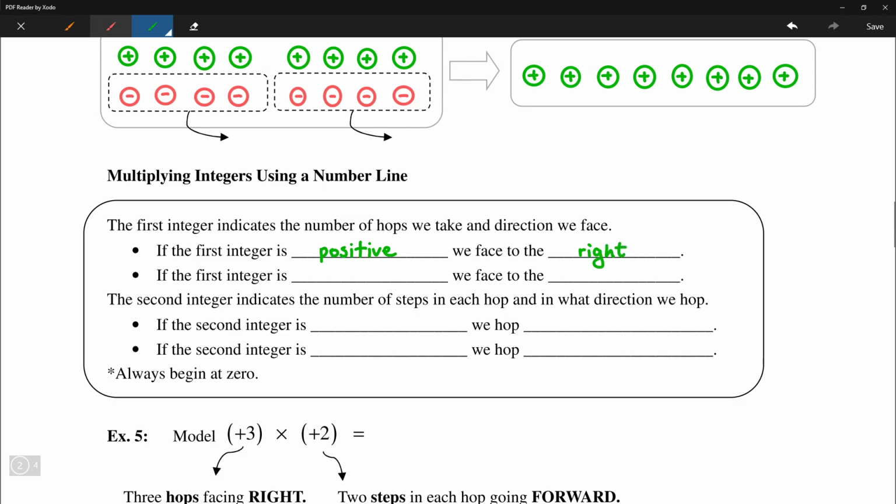And if the first integer is negative, we face to the left. So this is of course true for the general number line. The second integer in our multiplication indicates the number of steps in each hop and the direction in which we hop. So if the second integer is positive, then we will be hopping forwards, and if it is negative, we hop backwards.